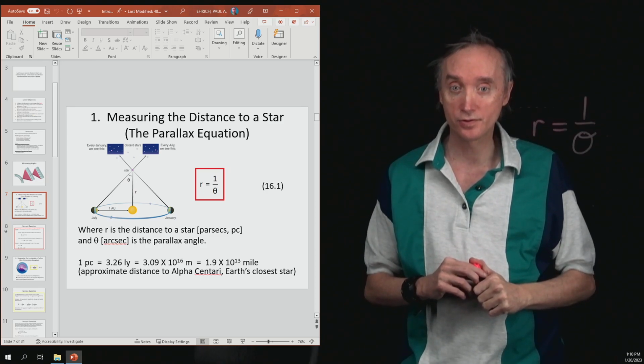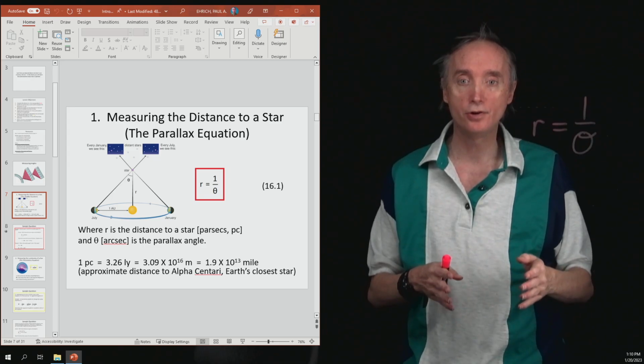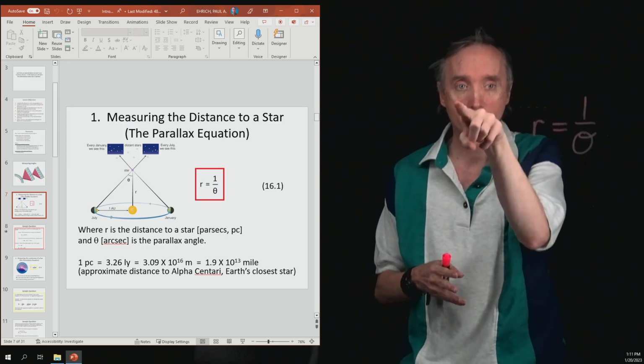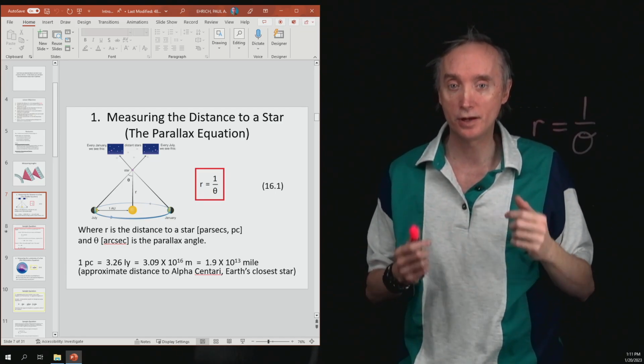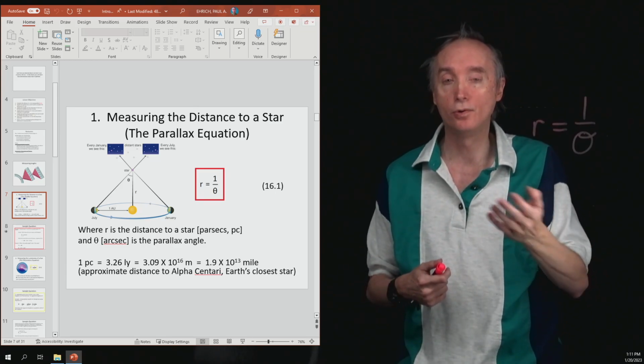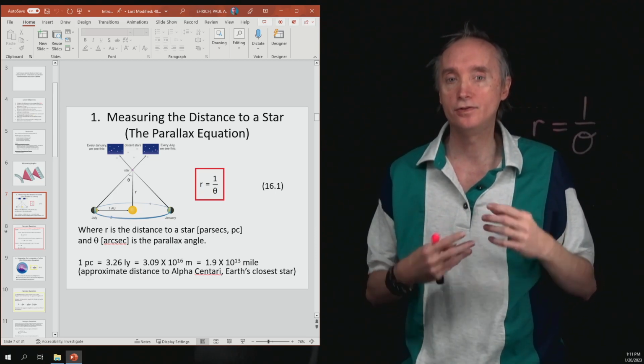So astronomers can measure that angle by noticing how far back and forth does that star appear to move, depending on whether it's January or July. So we're not going to get into it as to how they do that.